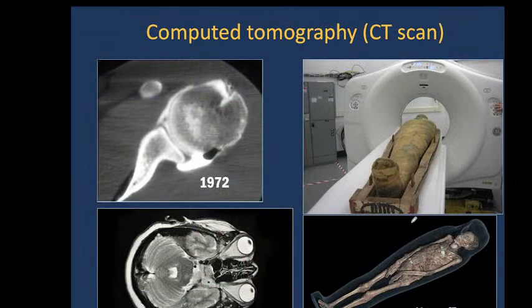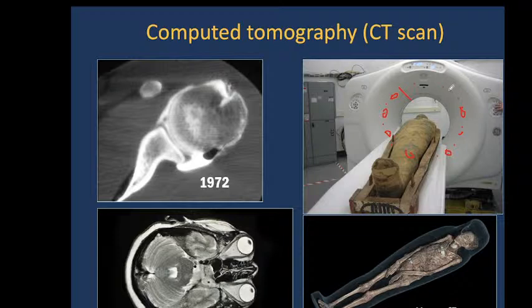Next picture, I hope you remember it, is computed tomography. This is of course a modified method of X-ray examination, a special technique which uses a lot of X-ray sources located around the body, and also a lot of receivers around the body, located here, here, and here.